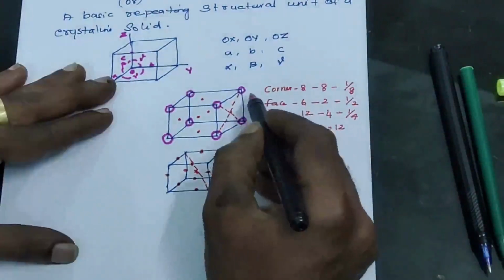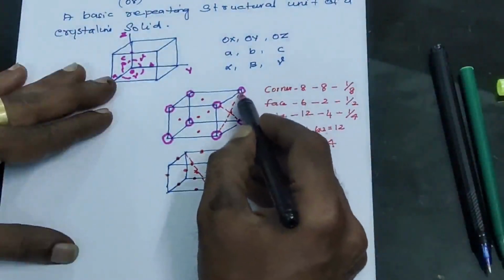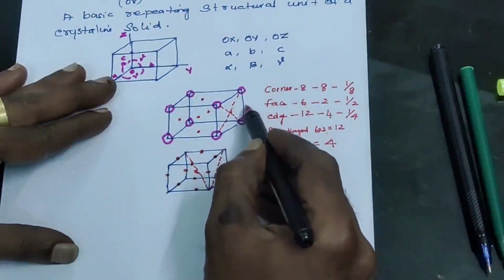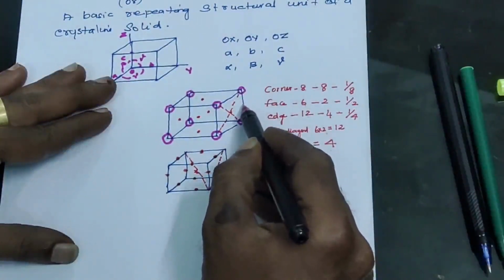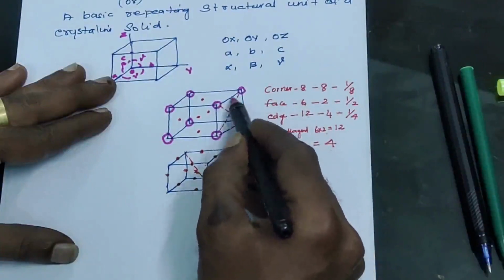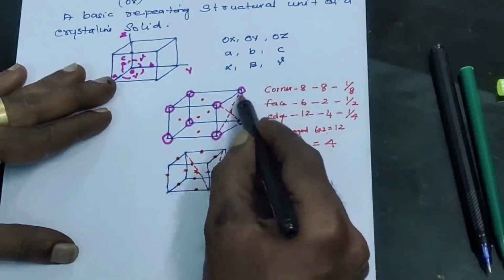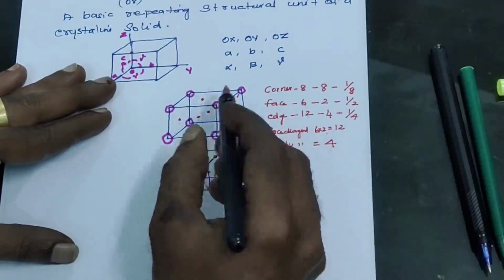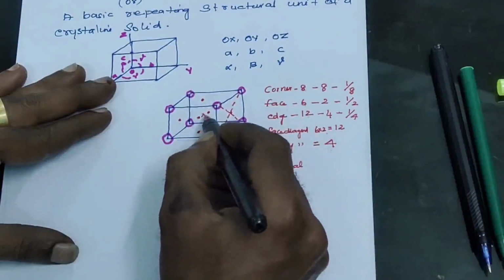In a unit cell, this is the corner. This part is known as the edge, and the center part is the edge center. The surface is known as the face, and its center is the face center. Then the center of the crystal, this star, is the body center.